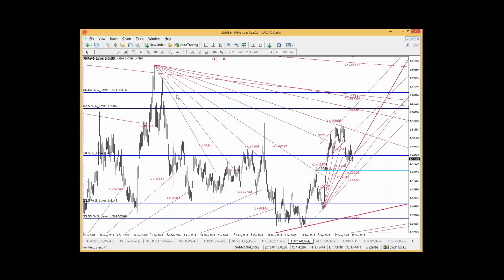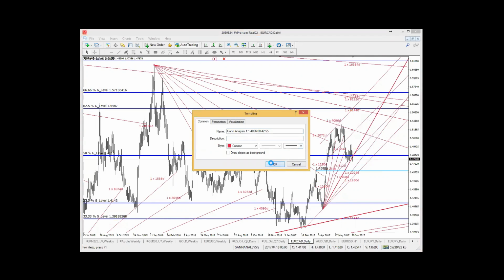Okay, if we take from that high in Jan 2016, we can see that 768 was the first reaction, 1024 gave you the high here, 1536 gave you the high here, 1024, you remember that day, except for the big spike in EURCAD. 1037.2 didn't work, and so far we are holding 4096 to the downside.